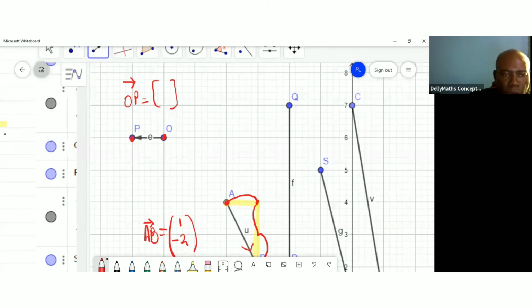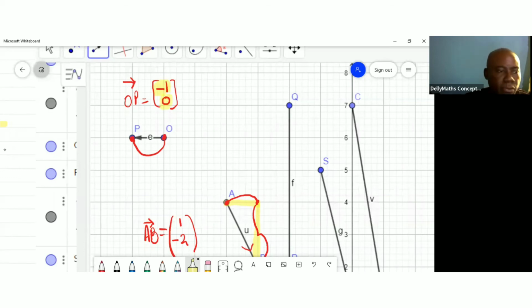So you could check it. We're going to move 1 unit to the left, just 1 unit to the left. And we realize that we have arrived at P, which means we're not going to go up or down, which means this is a 0. So the components of the vector OP is -1, 0.